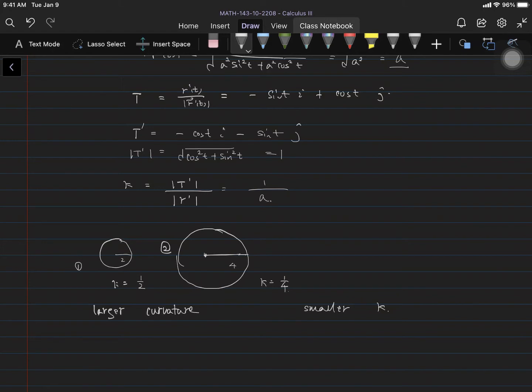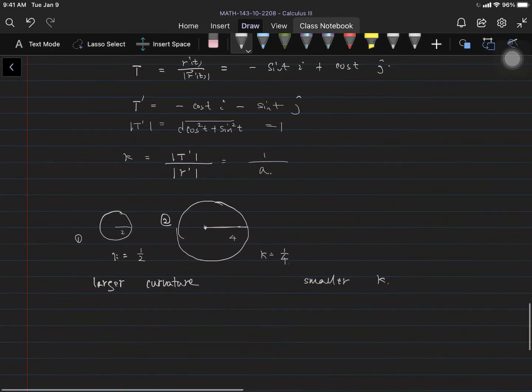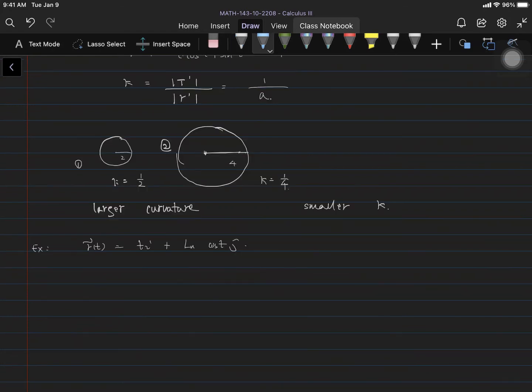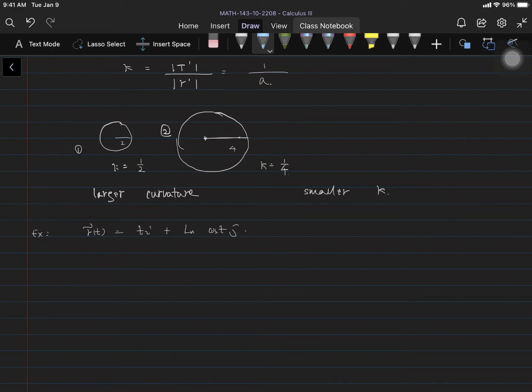Let's see, I have one exercise for you. Let's try this. r(t) is given, which is t i plus cosine t j. Now let's find the curvature of this. Here's the solution. Think about the formula: length of T prime over length of r prime.